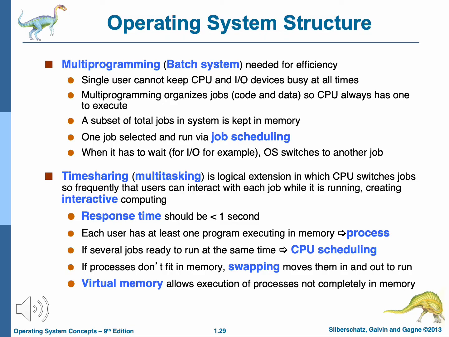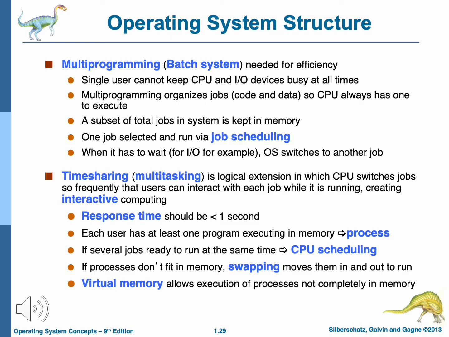Eventually, the job may have to wait for some task, such as an I/O operation, to complete. In a non-multi-programmed system, the CPU would sit idle. In a multi-programmed system, the operating system simply switches to and executes another job.